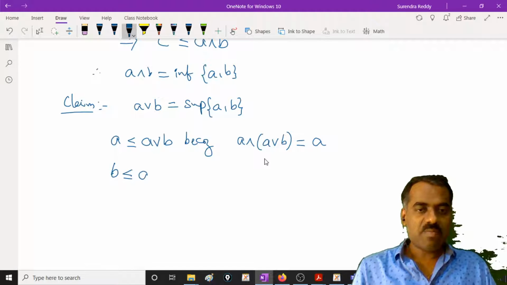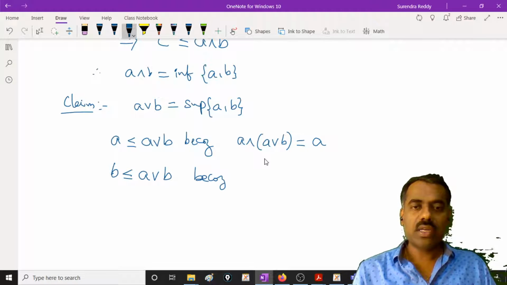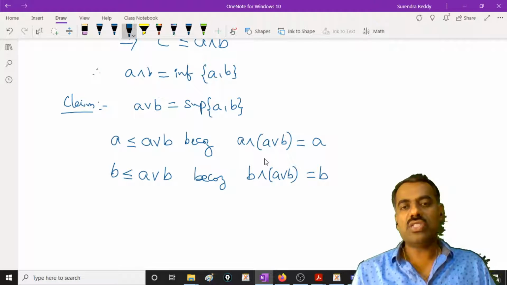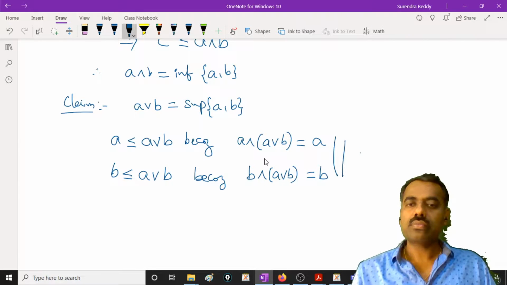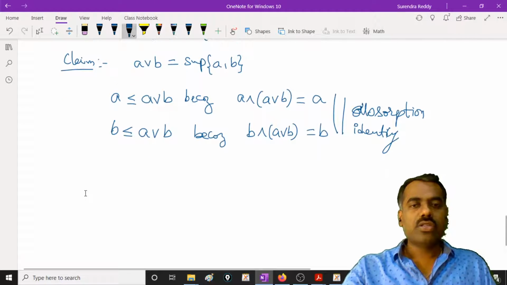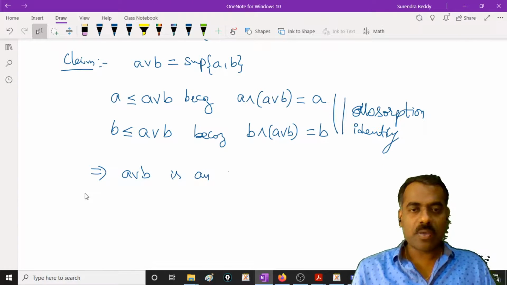Similarly, B is less than or equal to A join B because B meet (A join B) is again B. So these two are nothing but the absorption property. Absorption, you can call it identity.